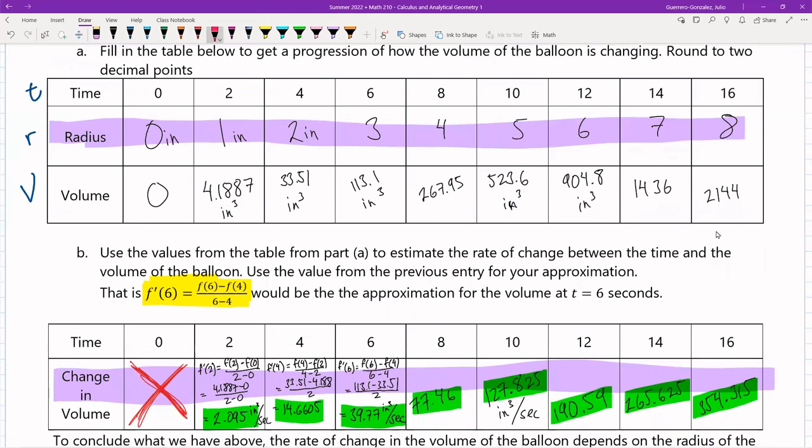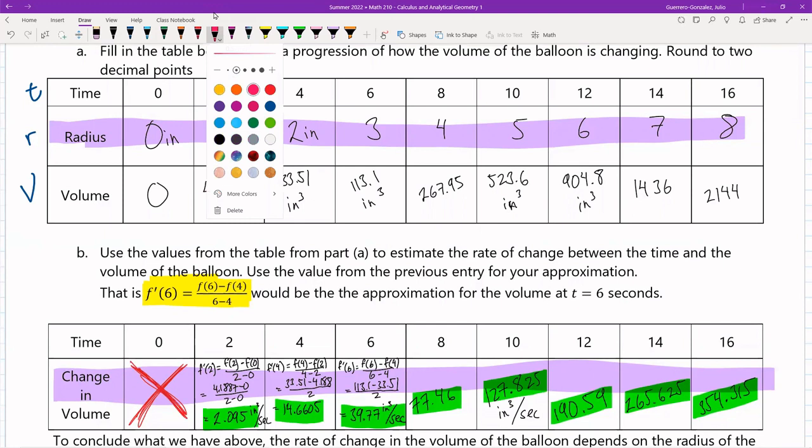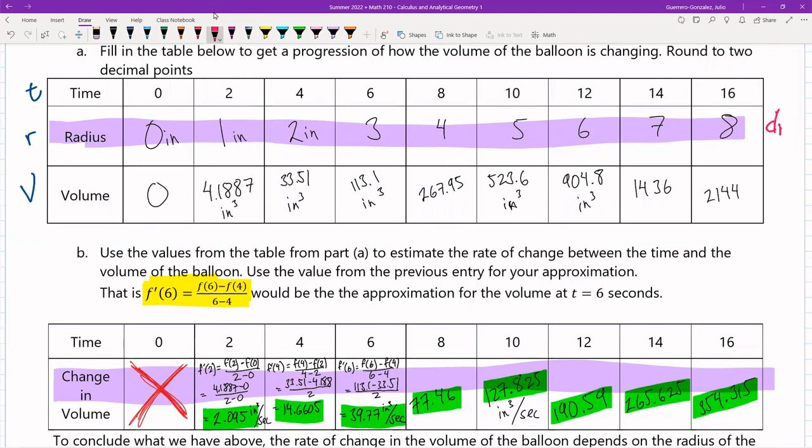Notice that from the statement of the problem, the radius is changing. So therefore, what we have here is dr/dt, a rate of change in the radius with respect to time.